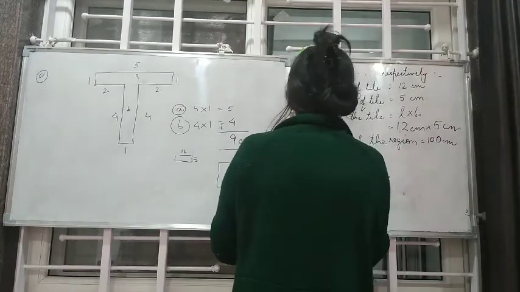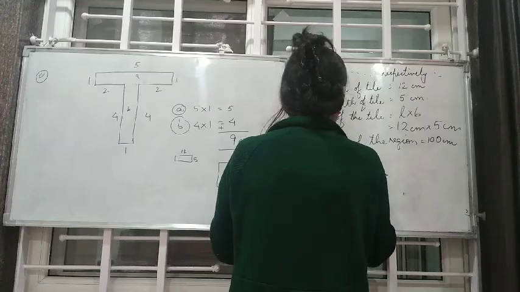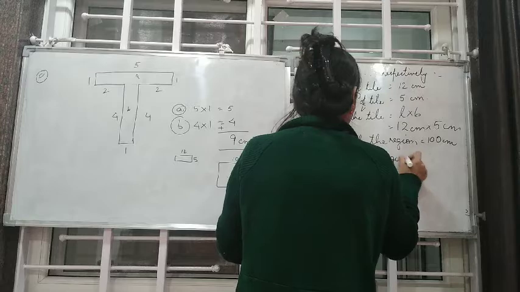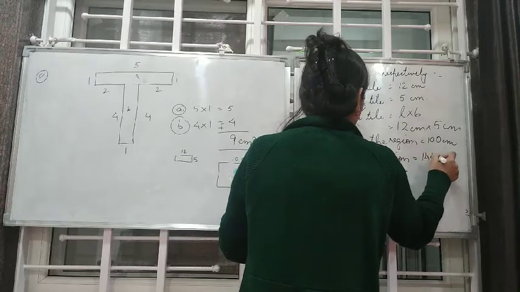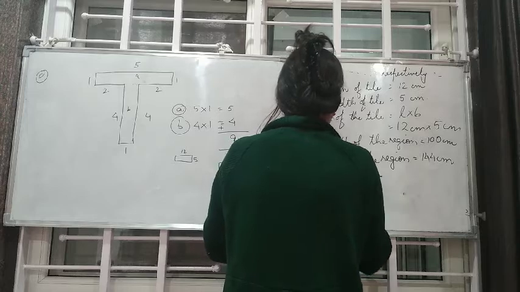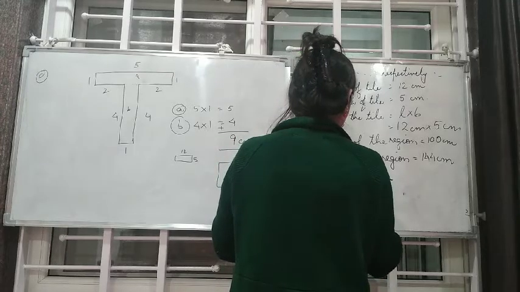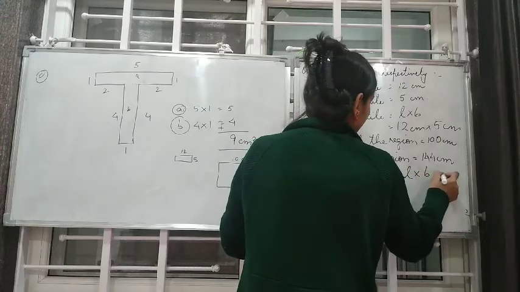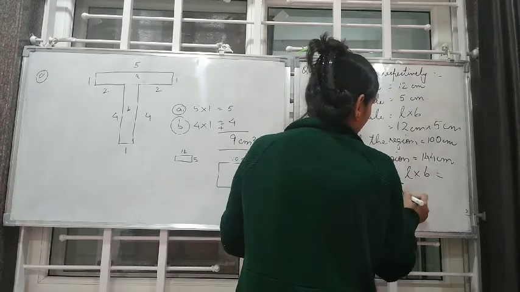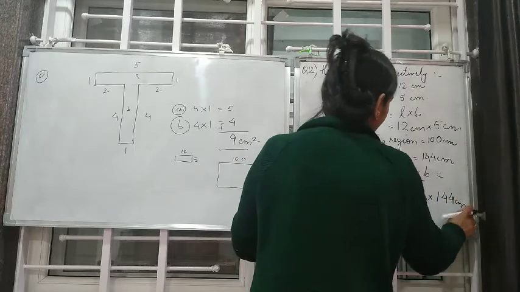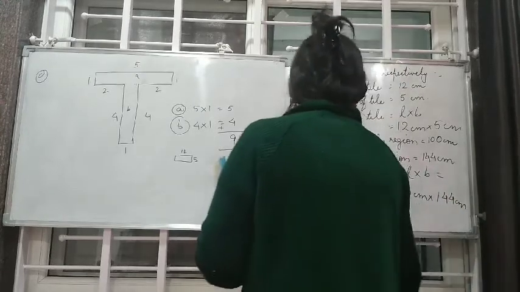Breadth of the region, centimeter. Area of the region, length into breadth, which is equal to 100 centimeter into 144 centimeter.